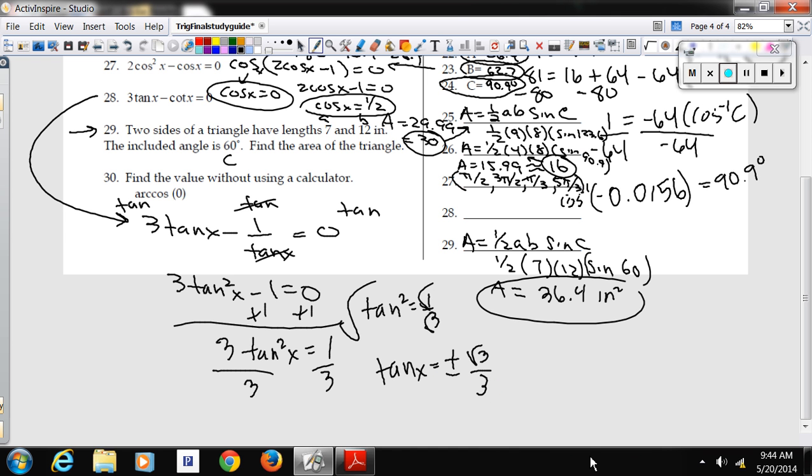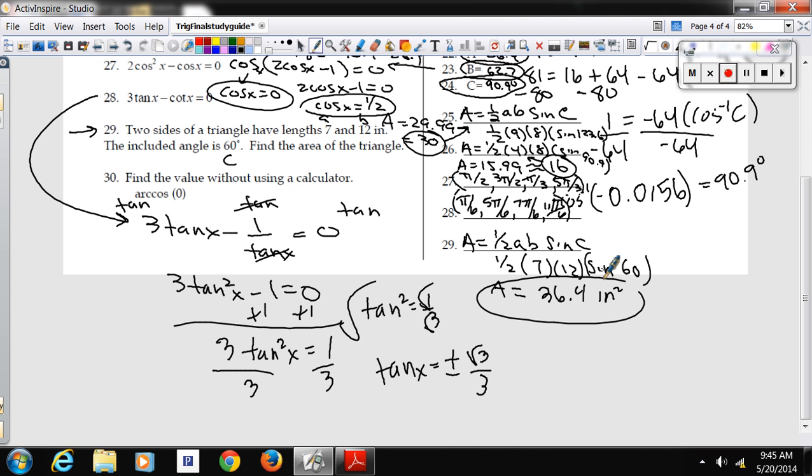So you had to look on your chart and find where the tangent was a positive or negative radical 3 over 3. We found it was pi over 6, 5 pi over 6, 7 pi over 6, and 11 pi over 6. Those four solutions. So that was 28.